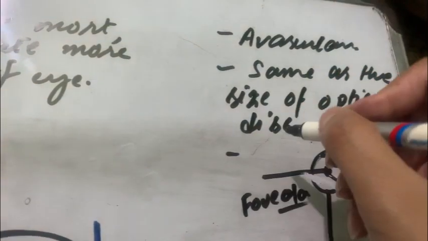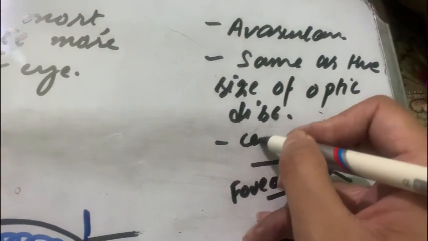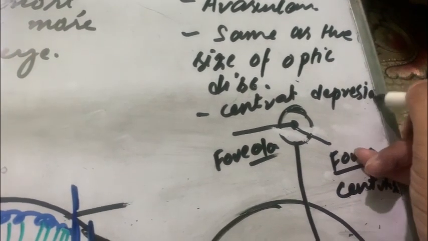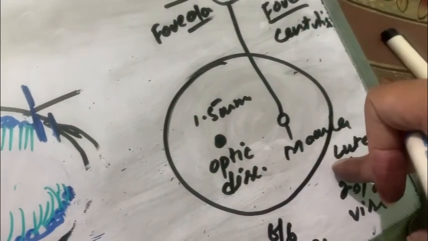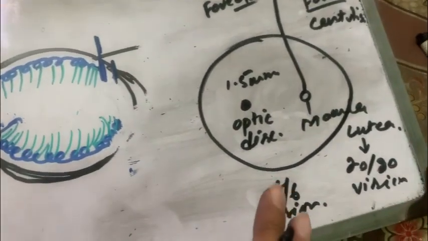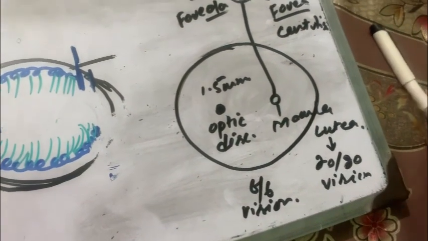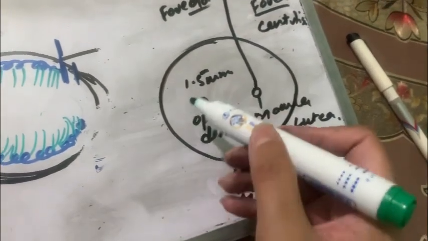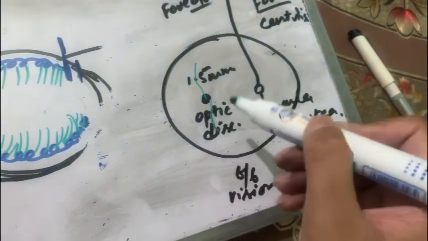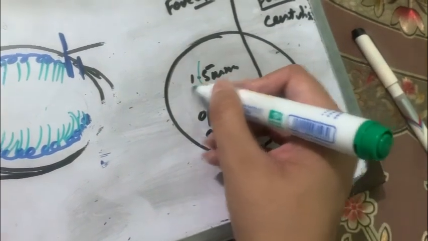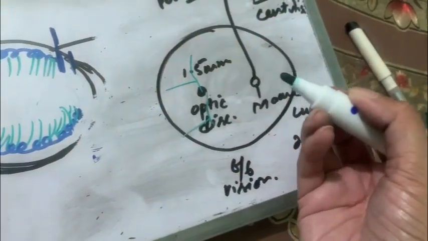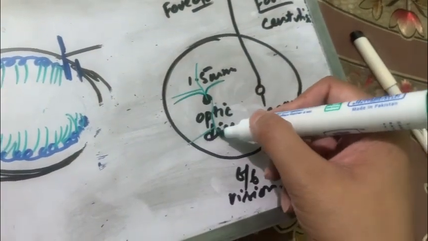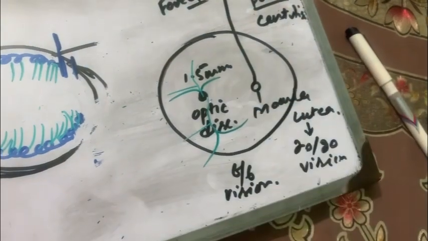And the third most is the central depression in macula lutea. Here comes the central retinal artery that comes from ophthalmic artery, and then enters into optic disc like this. This is the superior branch, and this is the inferior branch. It gives off further branches: superior temporal, superior nasal, inferior temporal, inferior nasal.